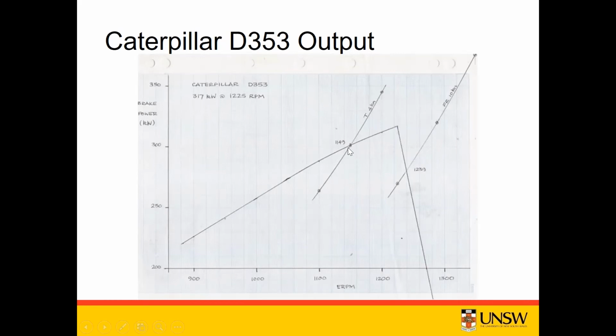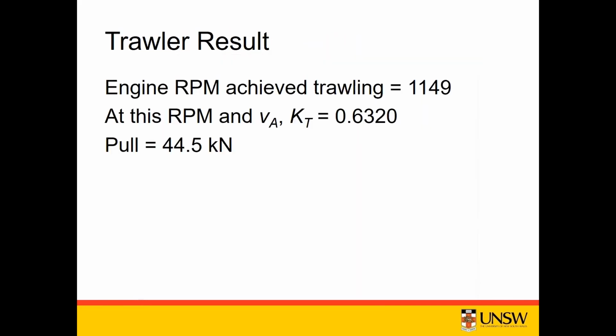And you can see that this intersects the engine output power curve there, the torque limit, at 149 RPM. So then we go back and we calculate the KT, the thrust coefficient, 632, and it gives a pull of 44.5 kilonewtons.